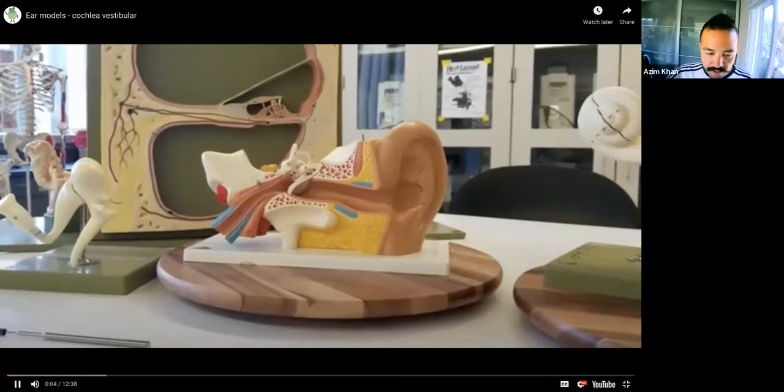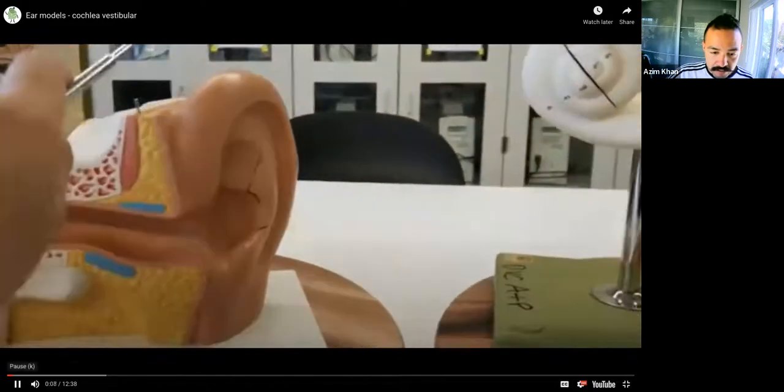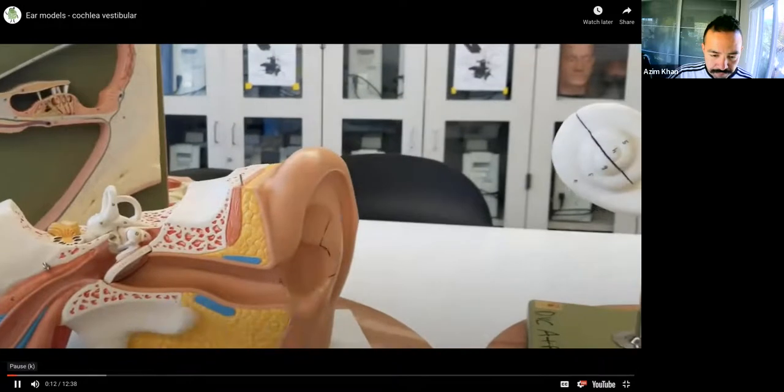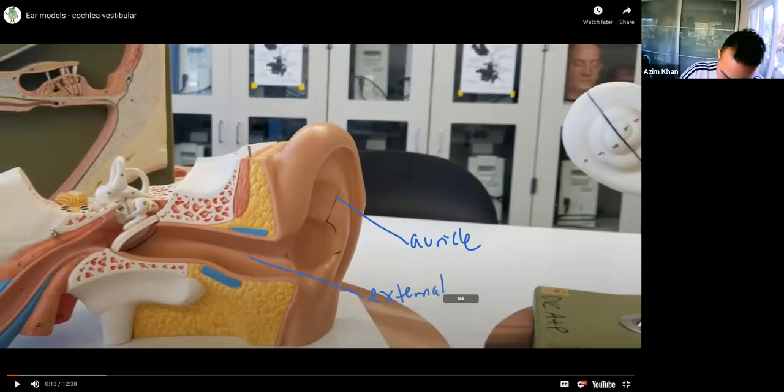We're going to look at this one. We're looking at the left ear, pointing at the auricle. Just label everything: auricle, external acoustic meatus, tympanic membrane, that's all part of the outer ear.